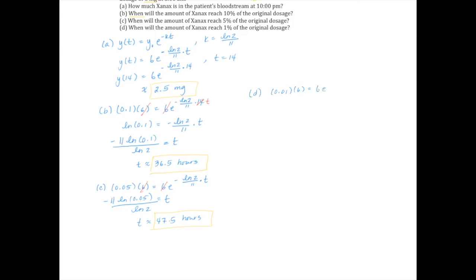So 6 e to the negative natural log of 2 over 11 times t. And that turns into natural log of 0.01. Remember the 6s canceled, and then we would multiply by the reciprocal, so negative 11 over natural log of 2 is our t, and t is approximately 73 hours.